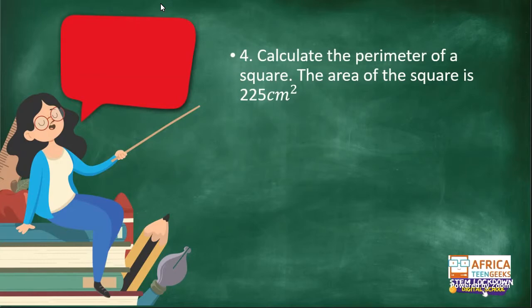I want to give Palesa a chance. I see the usual hands are up now, but I want to give everybody a chance. Tumelo, I can see you are here as well. Can you please tell us what will be the perimeter of such a square?